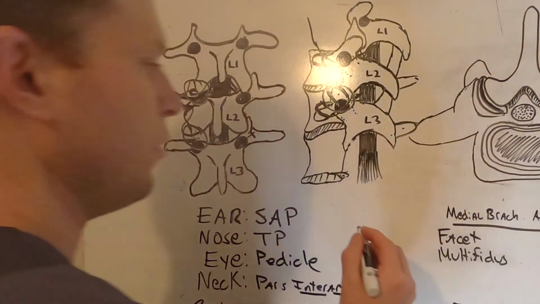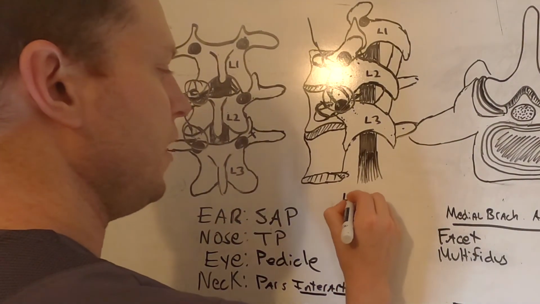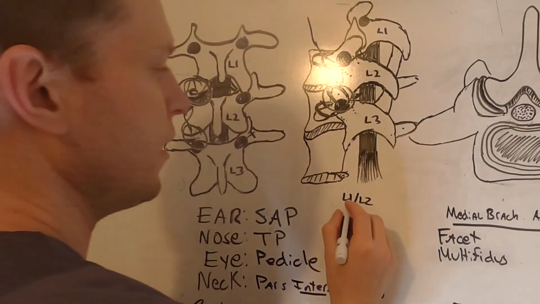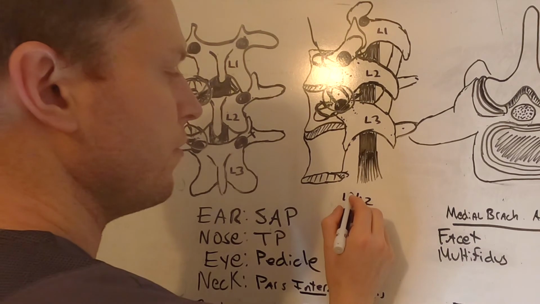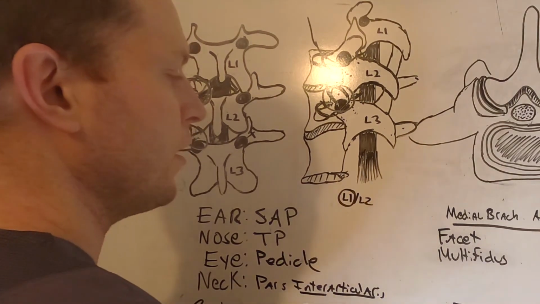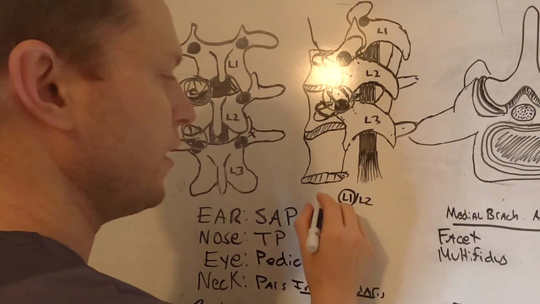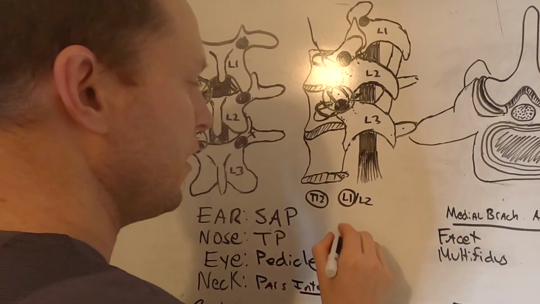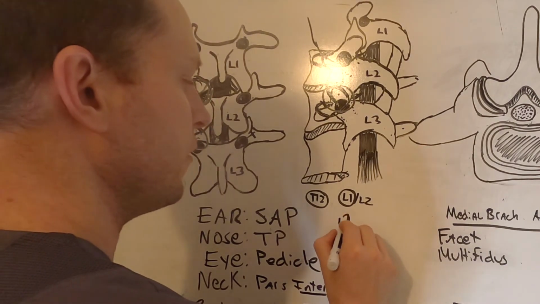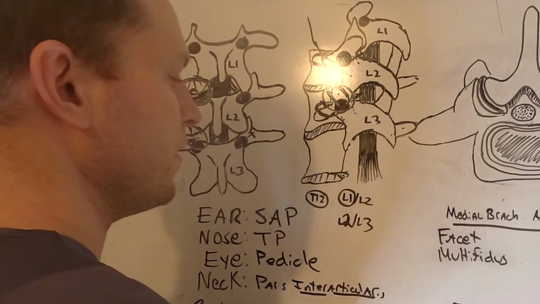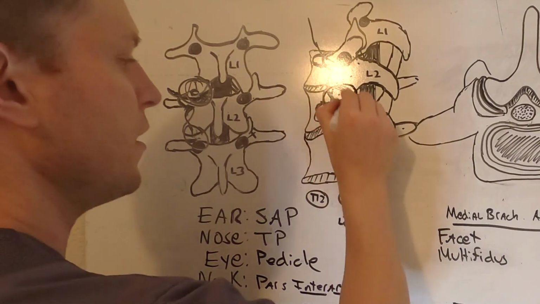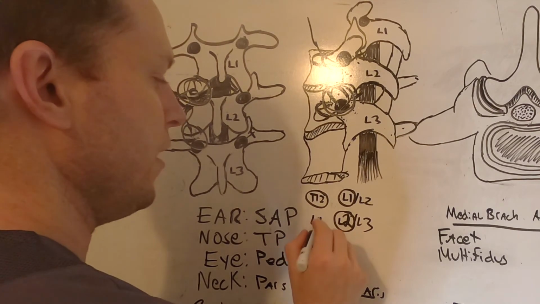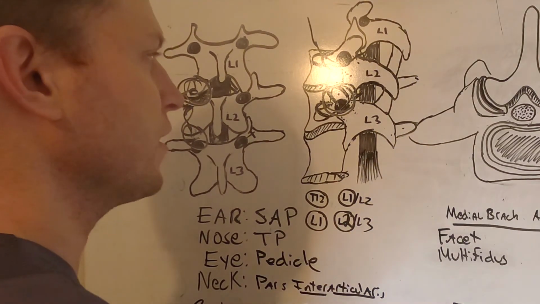Just as a quick quiz and refresher, the L1, L2 facet right here gets innervation from the L1 medial branch and the T12 medial branch. The L2, L3 facet right here receives innervation from the L2 and L1 medial branches.